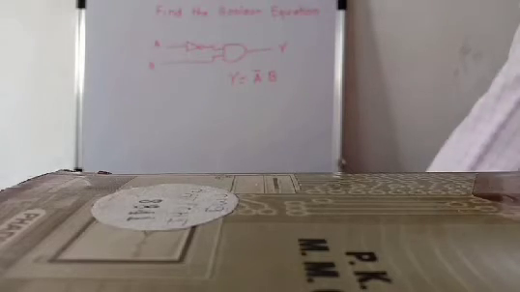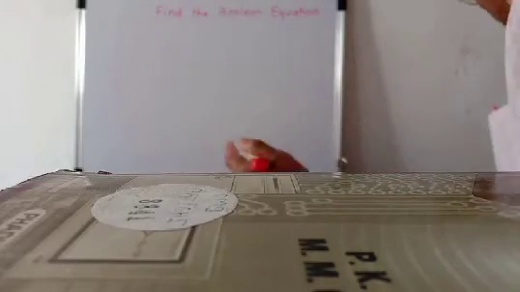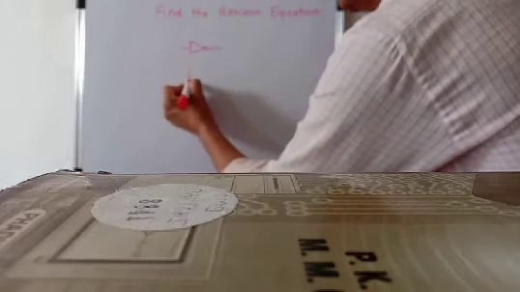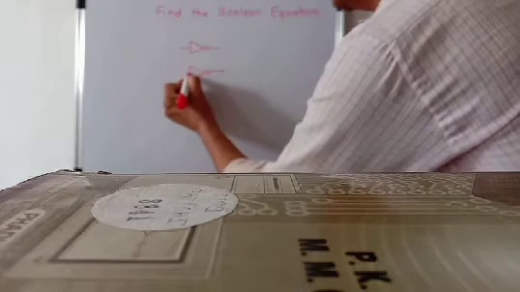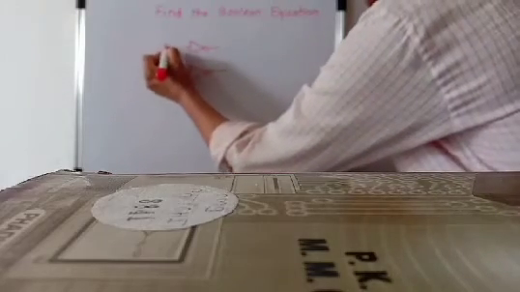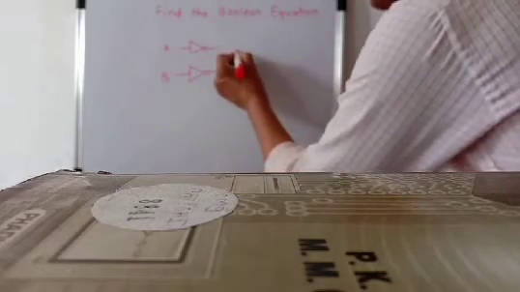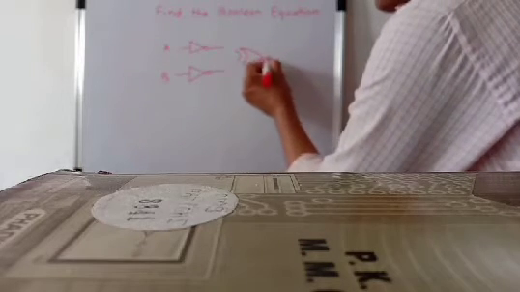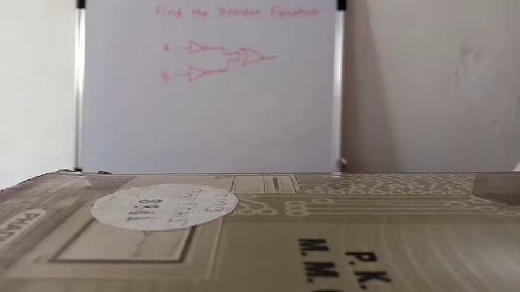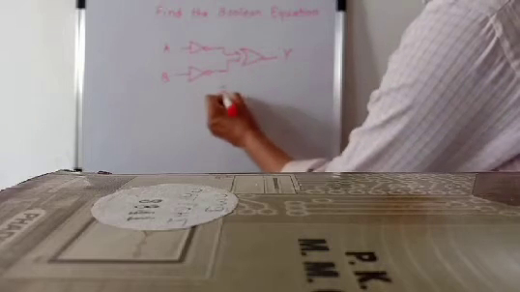Now next, suppose this is a NOT gate. Again, there is a NOT gate. Let this be input A and this be input B. And the outputs of these gates are connected to an XOR gate. Then what is Y?